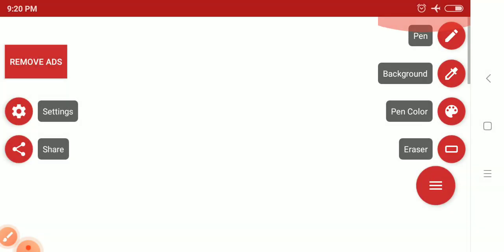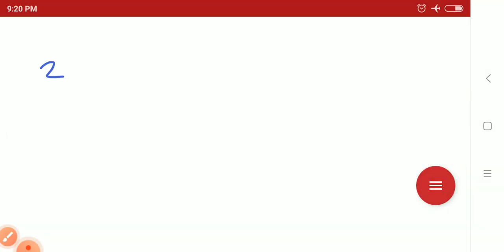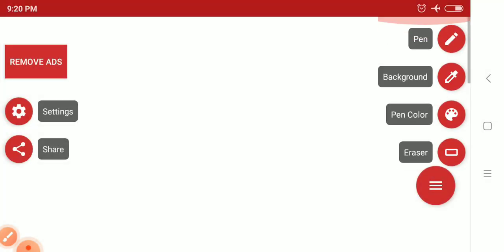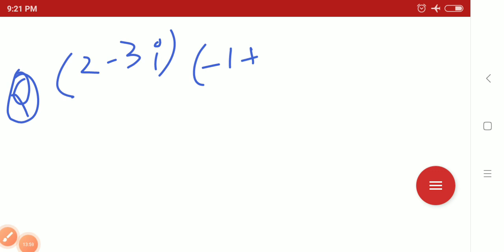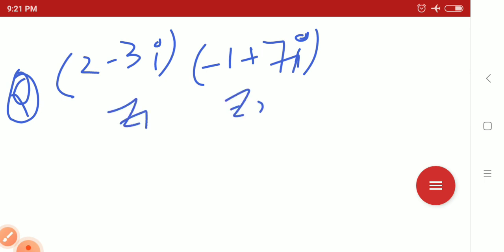Suppose you are given two complex numbers, 2 minus 3i and minus 1 plus 7i. Here it is z1 and here it is z2.